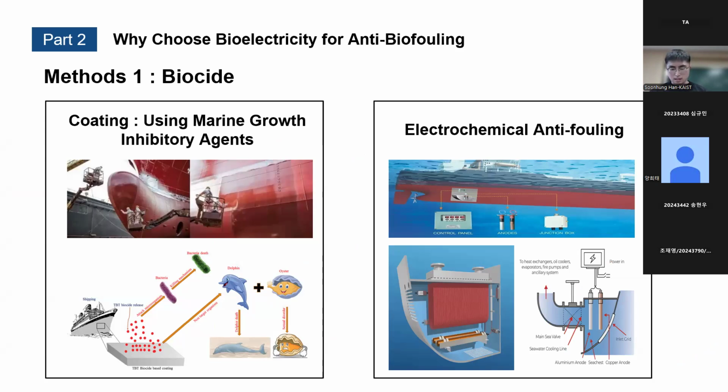The choice of antifouling methods. We categorize them into biocide and non-biocide. First, coating using marine growth inhibitory agents uses toxic paint like TBT, which dissolves in seawater and kills marine organisms. And also electrochemical antifouling uses ionization of copper and zinc to kill marine organisms.